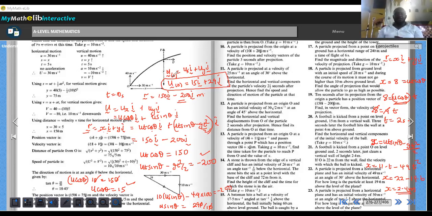If it is final velocity at any time, vx is on i, vy is on j. If it is displacement, then x is on the i and y is on the j. That is the special case about these equations.